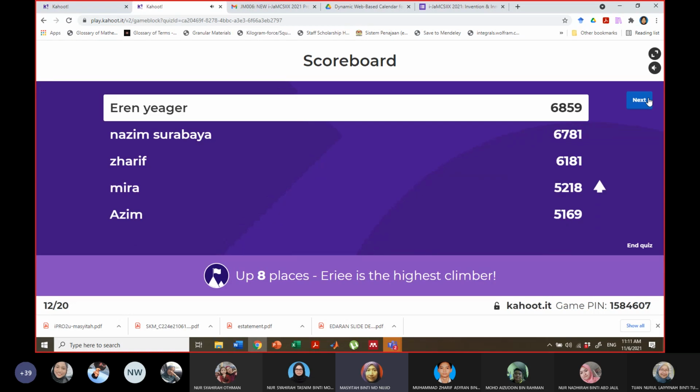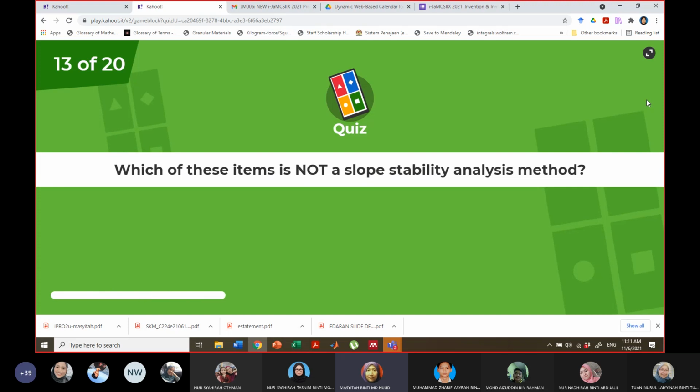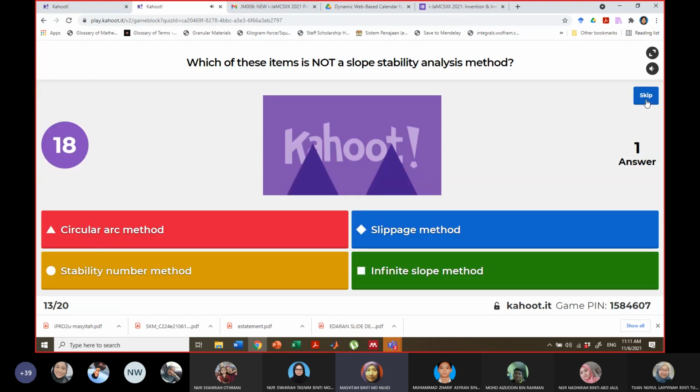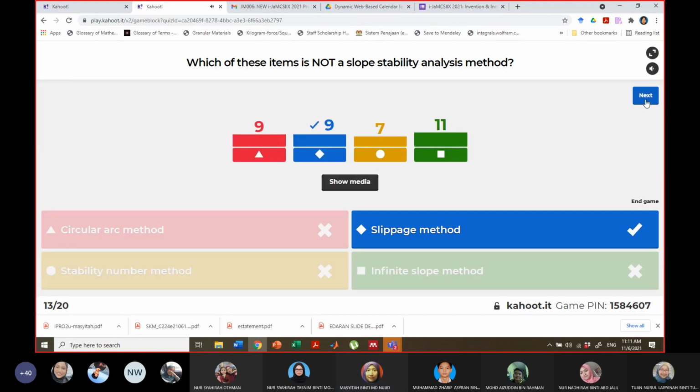Okay, our winner is still Erin Yeager. So the next questions are on slope stability. This is our topic this morning. Okay, the answer is what? Yes, slippage methods.